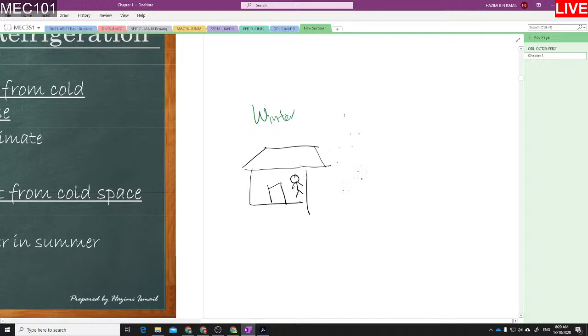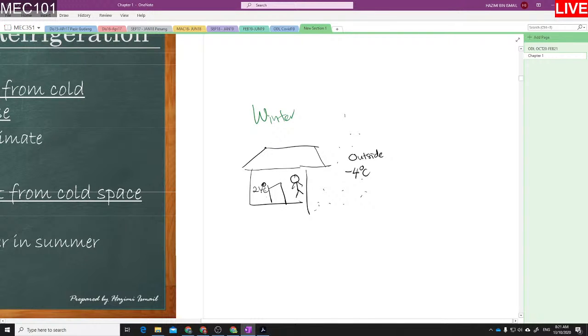I put a snowdrop here, and let's say the outside is -4 degrees Celsius. Inside your house, let's say they put 24 degrees, because 24 is the most thermally comfortable.